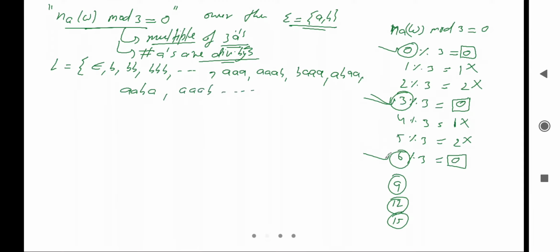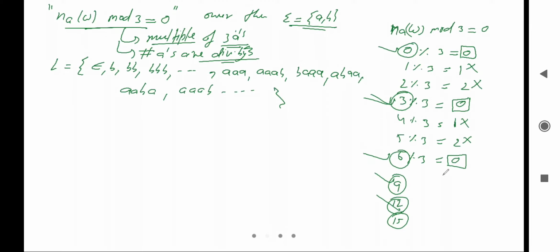Or it can be 6 times a, 9 times a, and combinations of 6 a's with b, and 9 a's with b, and so on. So this is the pattern of the strings.